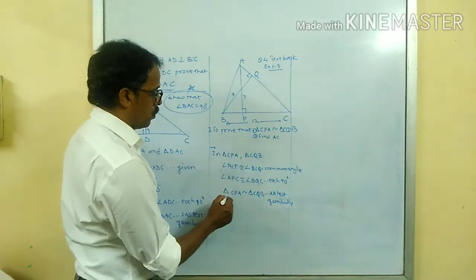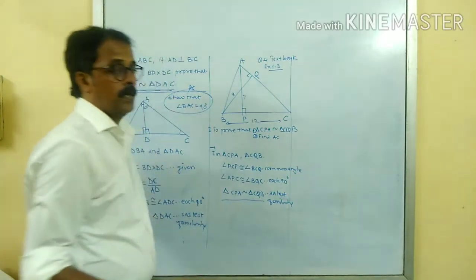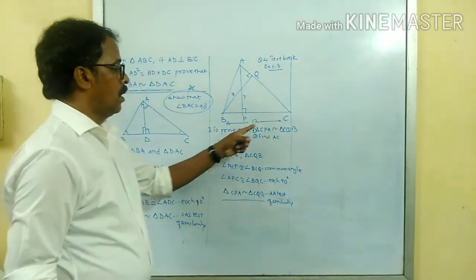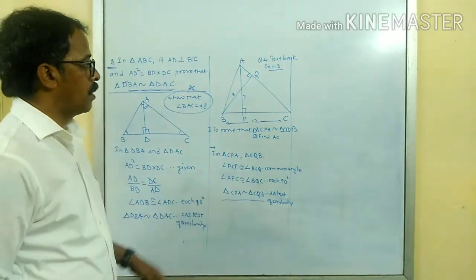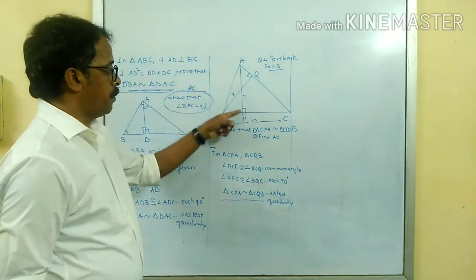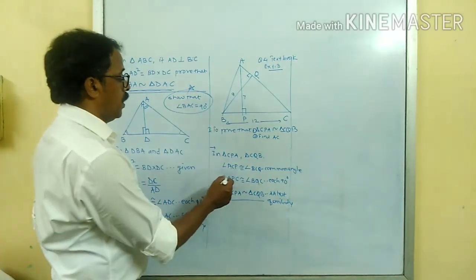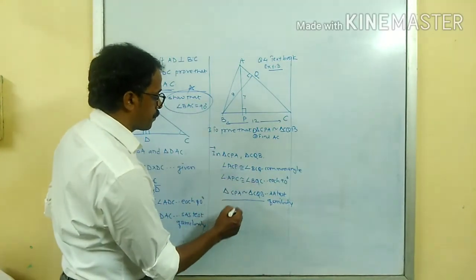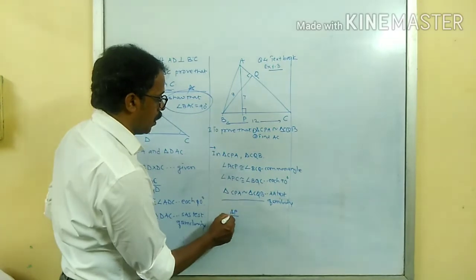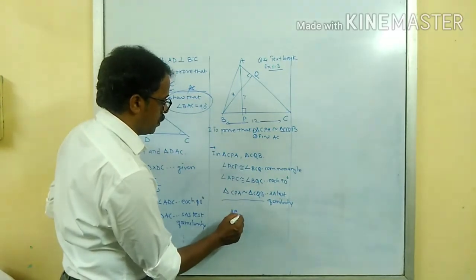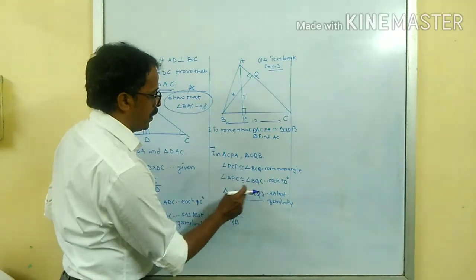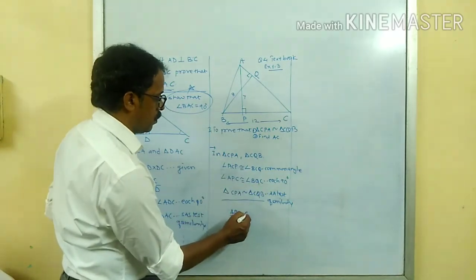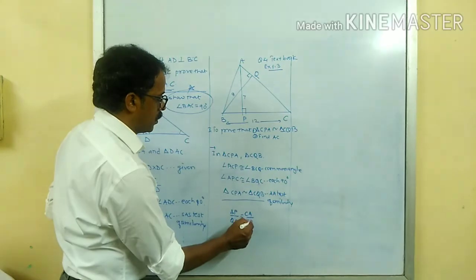Right? So this is the first point we obtain. Now what did they ask you to find out? They asked you to find out AC. You can write down the remaining pair because they have given the values of AP and BQ, right? So I can write AP upon BQ is equal to CA upon CB.